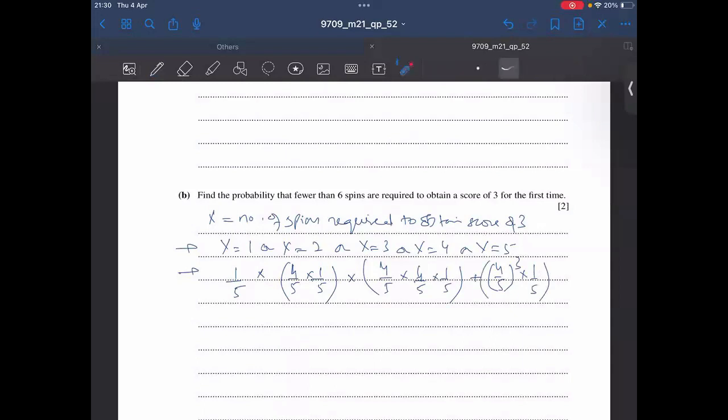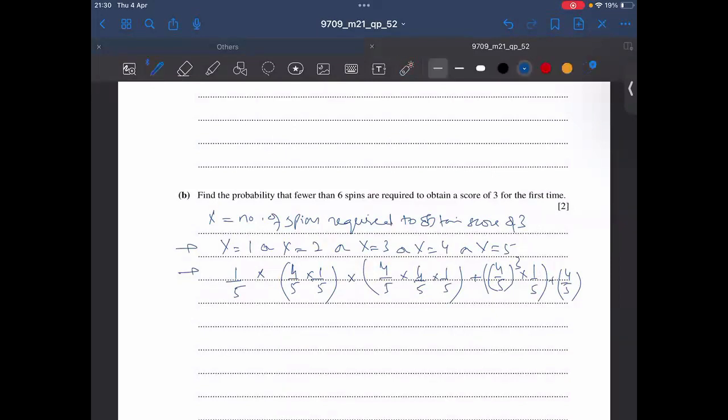Iman, this cannot be solved using binomial. Can you tell me why? We don't know the total number of times the spinner has been spun. If we would have known that, we would have applied binomial.